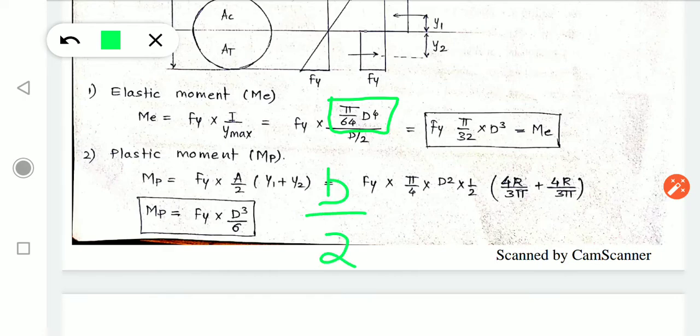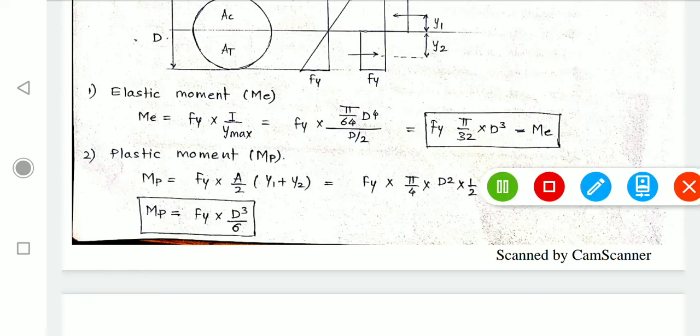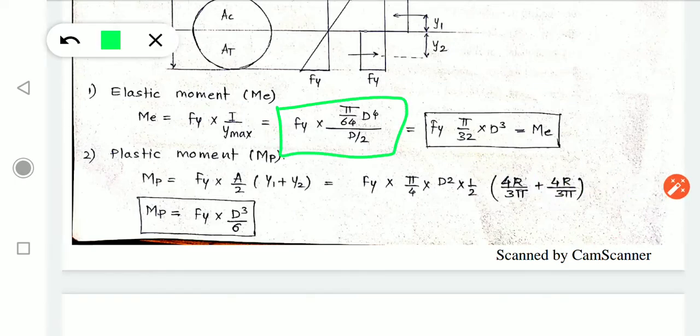Of course, diameter is d and half of it will be d by 2. That will be the maximum distance from the centroid of a circle. If we simplify it, we will get Fy into pi by 32 into d cube, which gives us ME.